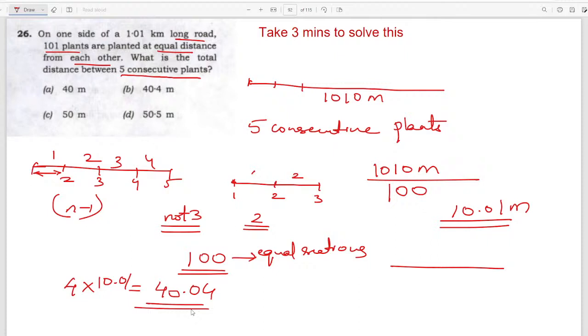I hope this is clear. If you have any doubts, you can ask. The only catch here is that if there are n plants, there would be n minus 1 sections.